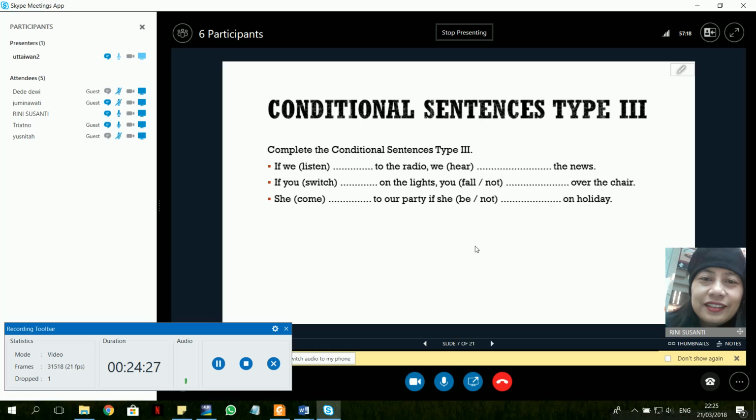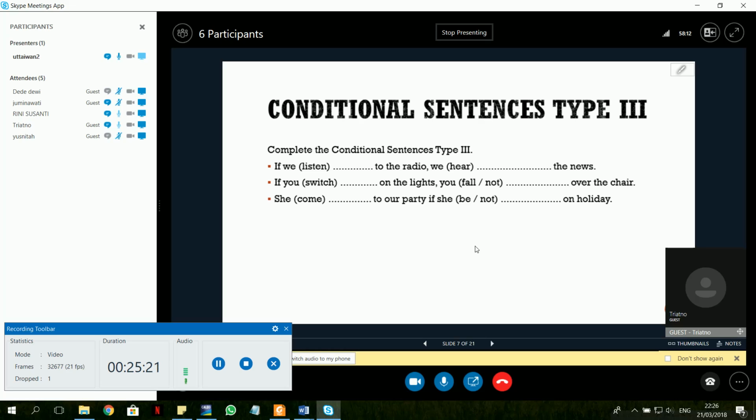Number three, past perfect. There is if, so the word should be put in front.